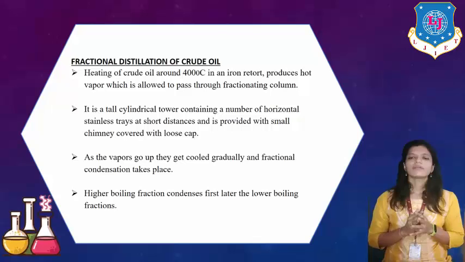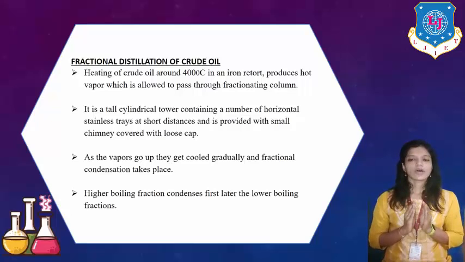Okay, here let's take a look at the process of fractional distillation of crude oil. The first step involves heating crude oil to around 400 degrees Celsius in an iron retort, which produces hot vapor that is allowed to pass through a fractionating column.